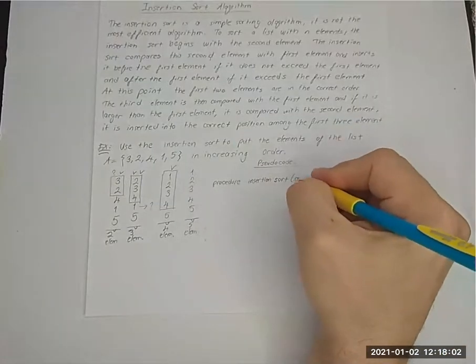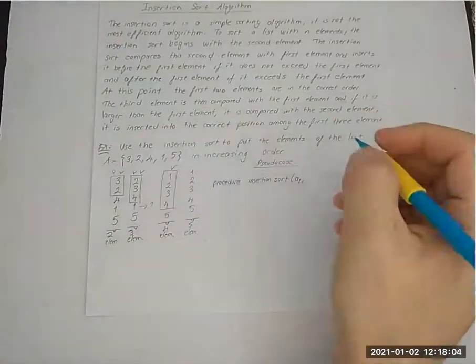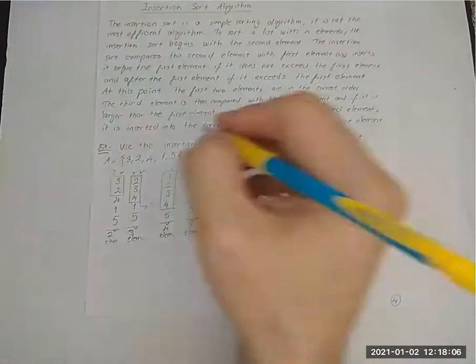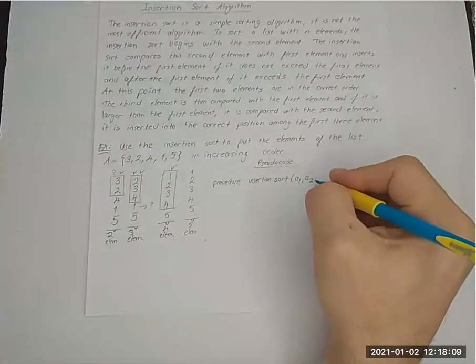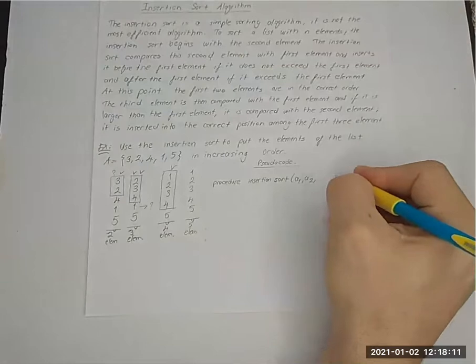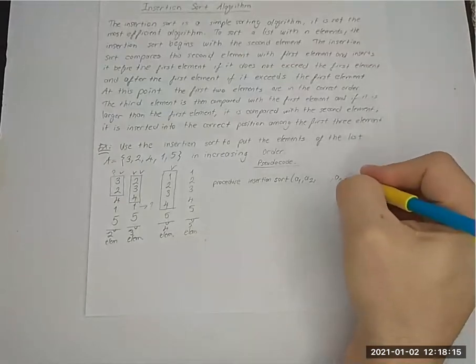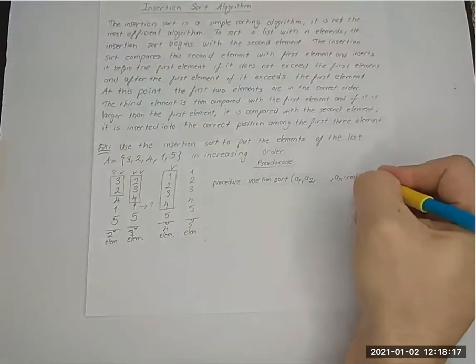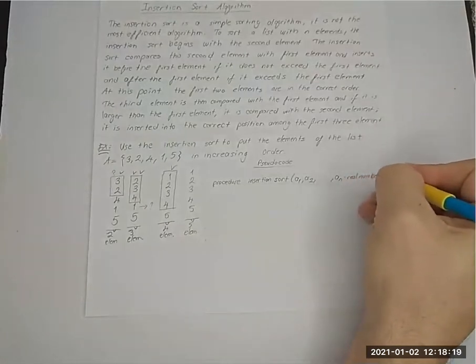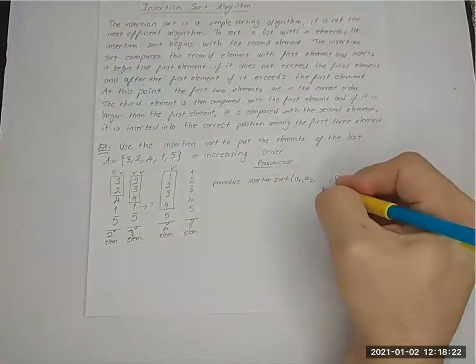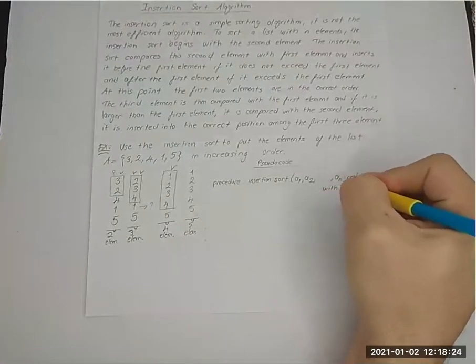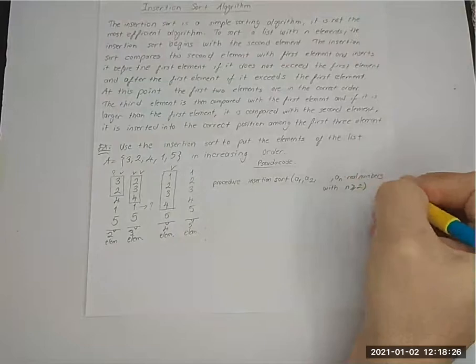And we have again our series, like A1 is 3, A2 was 2 in our example, and so on. There is A sub n, real numbers with n greater than or equal to 2.